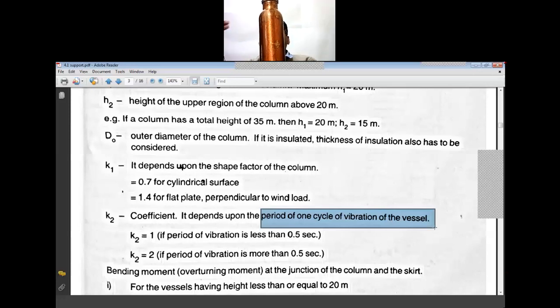As I am going to apply the wind force, that is going to give a tilting motion, and your vessel may get vibrations even at a height. You can feel these vibrations when you go to a certain height.